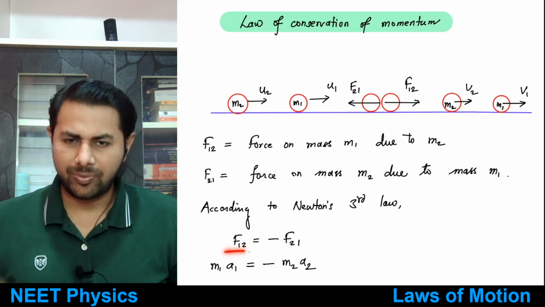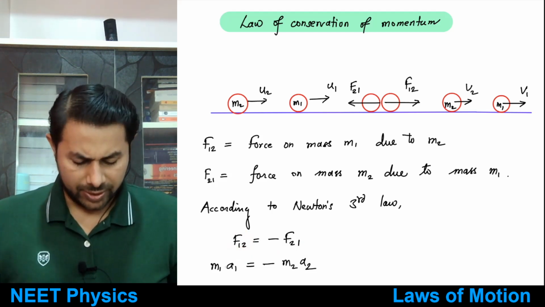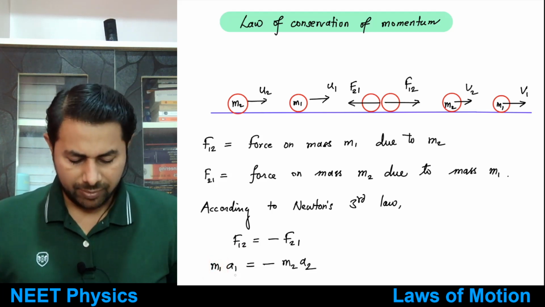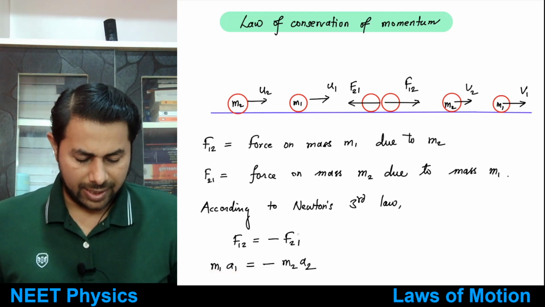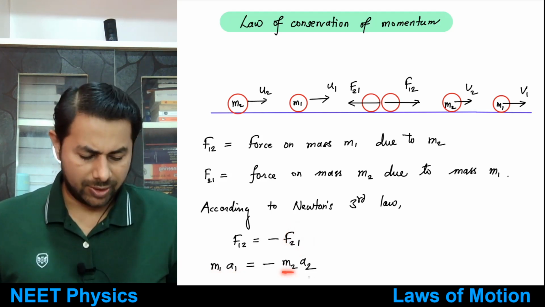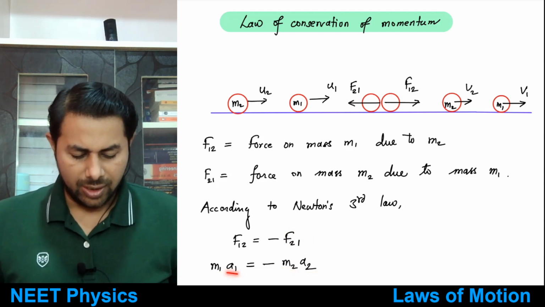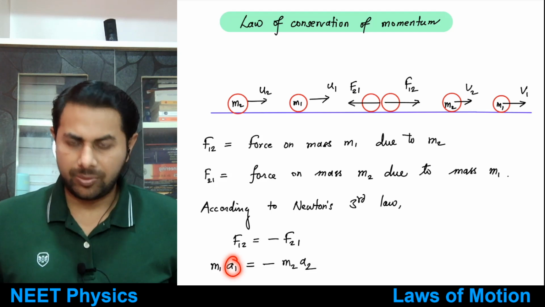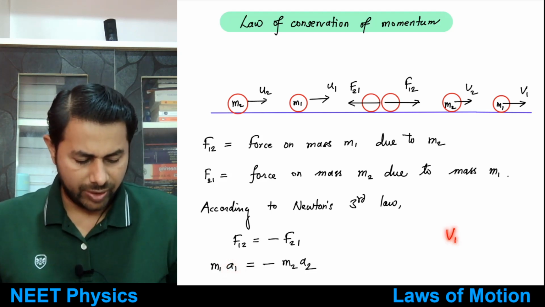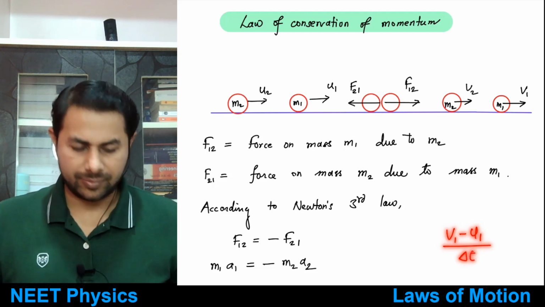So the force on the first ball is m1 a1, and the force on the second ball is m2 a2. The acceleration of the first ball will be equal to v1 minus u1 divided by the time, delta t.